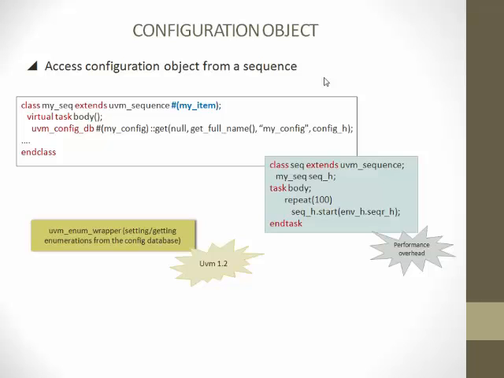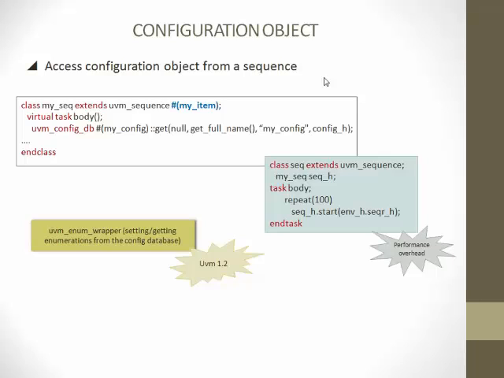Okay. This is another thing with respect to the configuration object and sequences. Most of the time we do have parameters sitting inside the configuration object which I would need to access from the sequences, right? So from the sequences, how do you get the configuration object? You will again use UVM config DB get, and you see here, the path we would use is get full name. Why? Because your sequence is never part of your test bench hierarchy.